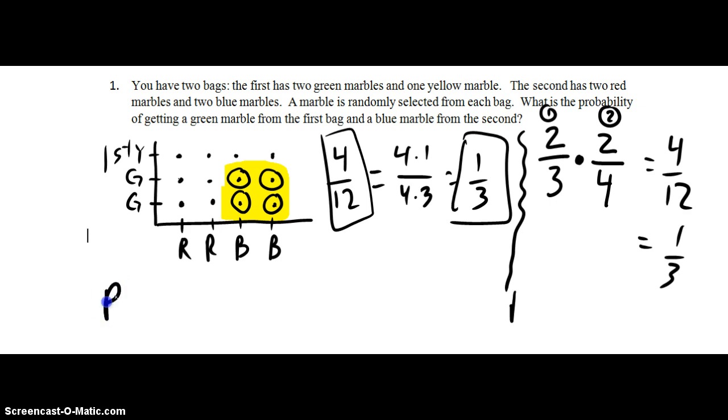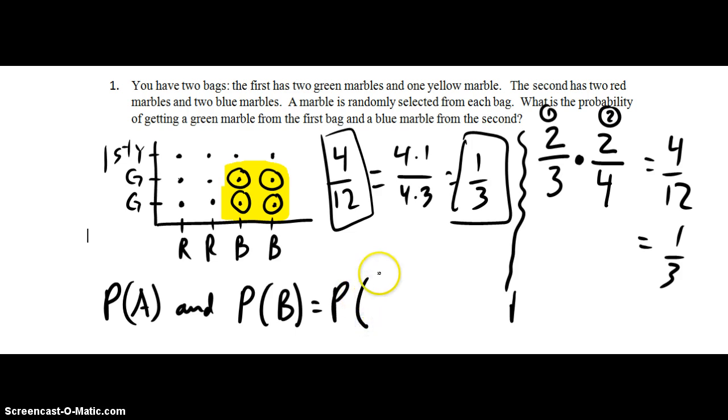Let's see. The probability of A and B, assuming they're independent, is equal to the probability of A times the probability of B. Right? So that's how we write that.